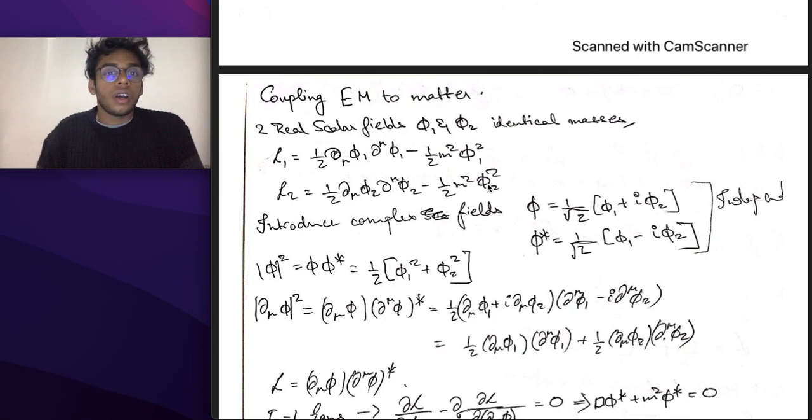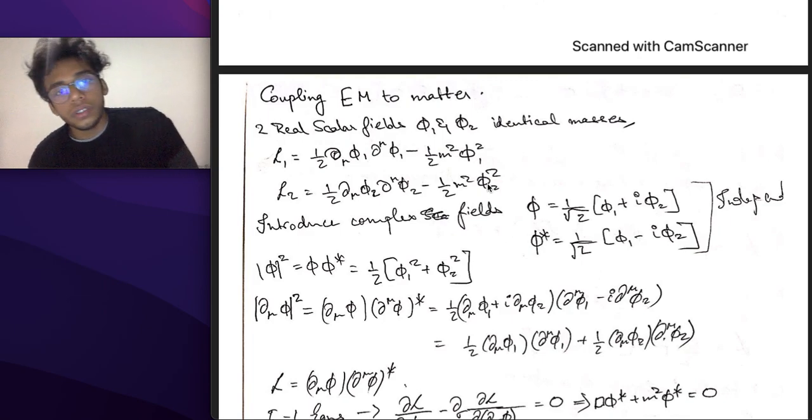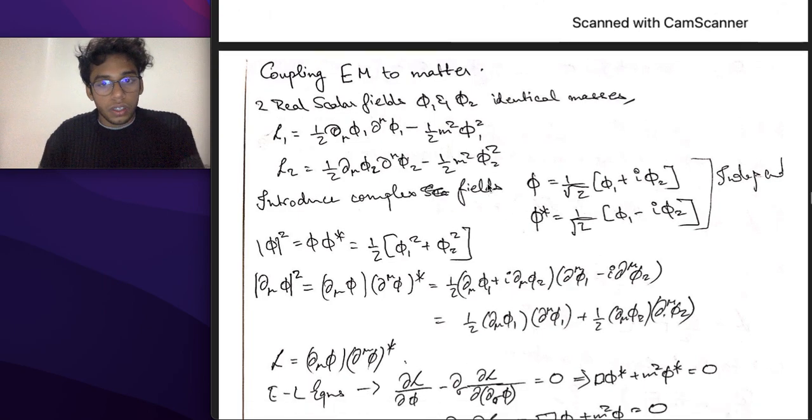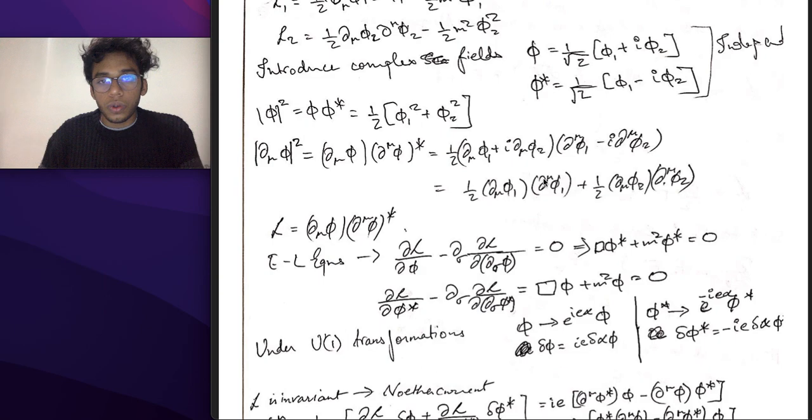To bring this idea, we introduce two real scalar fields, phi1 and phi2, so you have two Klein-Gordon Lagrangians, and to put them together in a more beautiful way, you invoke complexity of fields. Once you do, you have phi and phi star, which is a complex combination of phi1 and phi2, and you have all these relations, which are pretty simple to go through.